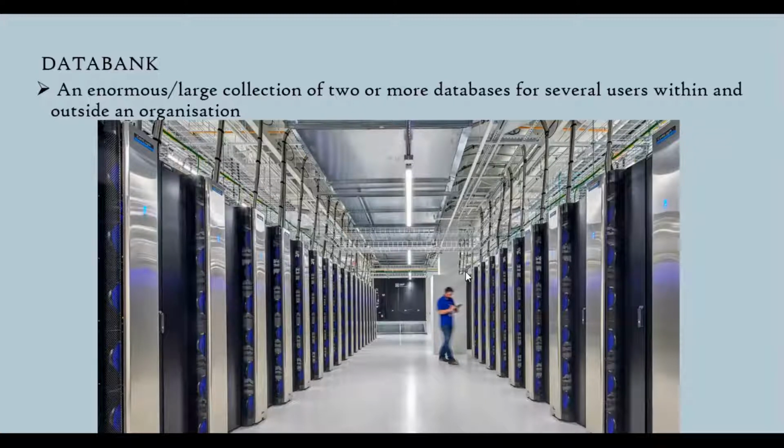For example, companies like Facebook and WhatsApp, these big social media companies, can't have only one database. They have what we call a data bank, an enormous collection of two or more databases to store the enormous amounts of data being circulated all over the world. If you try to imagine how much data is being kept within the data bank of Facebook, it is a lot of data.